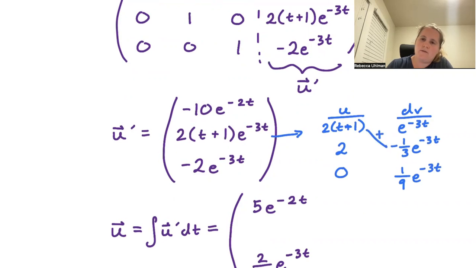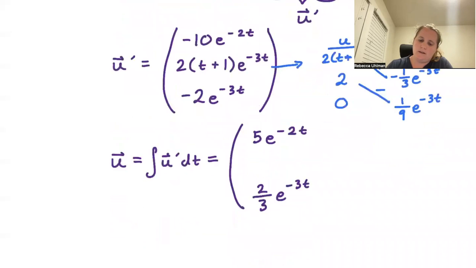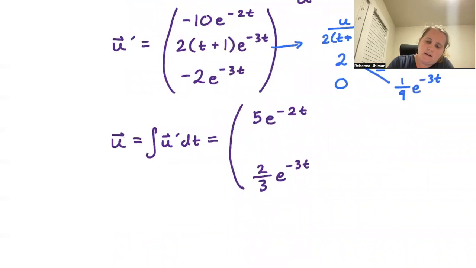We do the positive product on the first diagonal, negative product on the second. So we are getting negative 2/3 times (t plus 1) times e to the negative 3t, and then also a minus 2/9 e to the negative 3t.